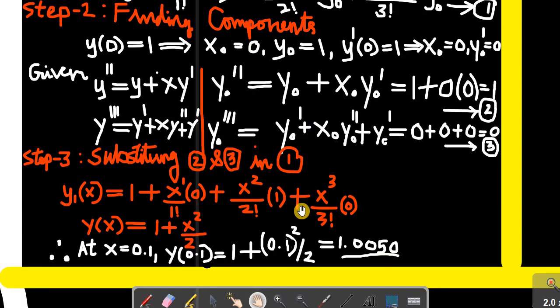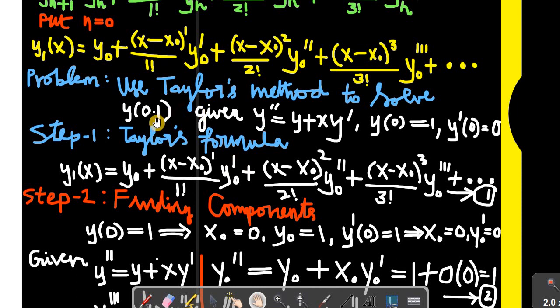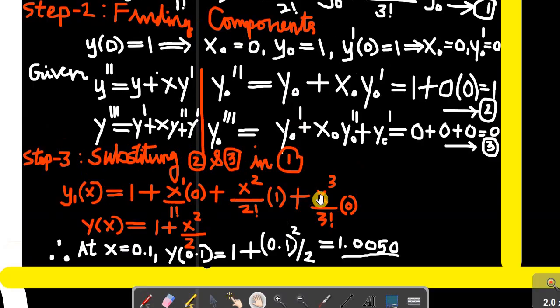In the Taylor series, what the problem asked us to find is the y value when x equals 0.1. From the Taylor series, that is this equation, substitute the x value, and we will get the corresponding y value for the given problem.